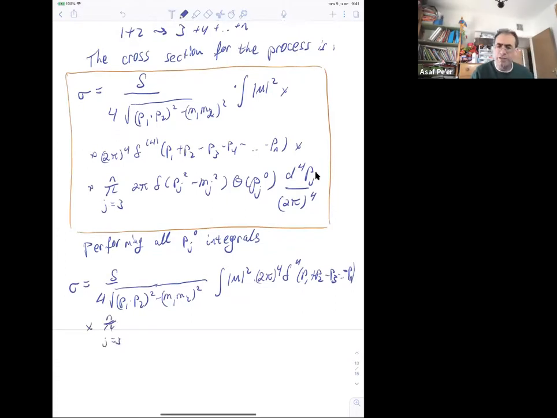By the way, you're familiar with this pi symbol, right? The multiplication of. Is there anybody who's not familiar with that symbol? Like a sum, but multiplying. So the product over j from 3 to n of 1 over the square root of pj squared plus mj squared, d cube pj over (2 pi) cubed.